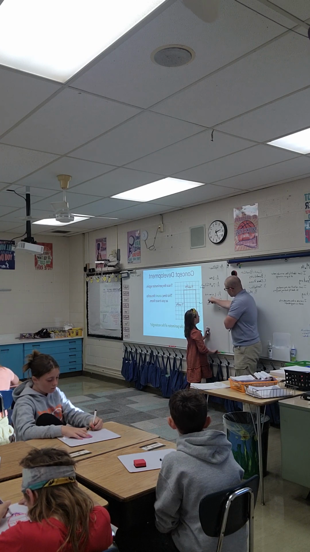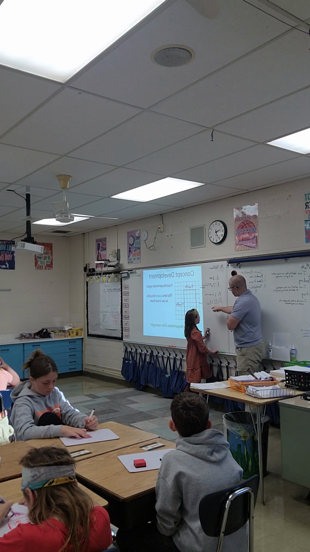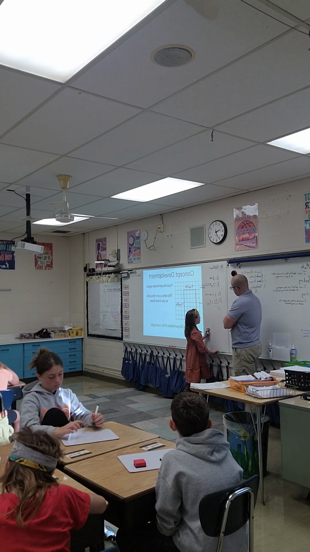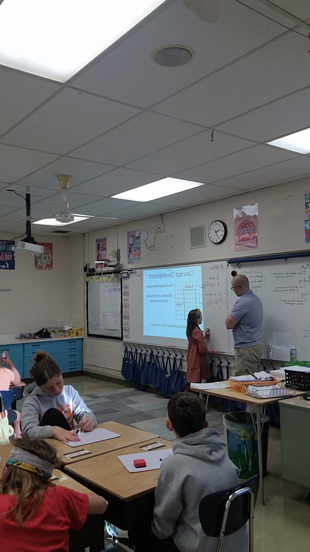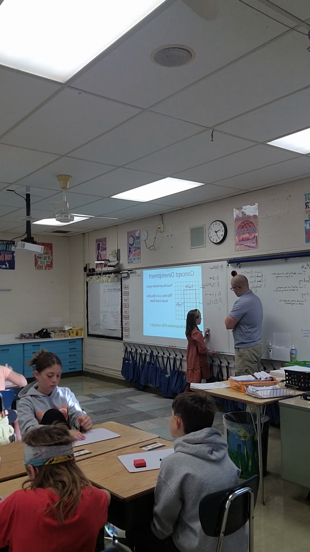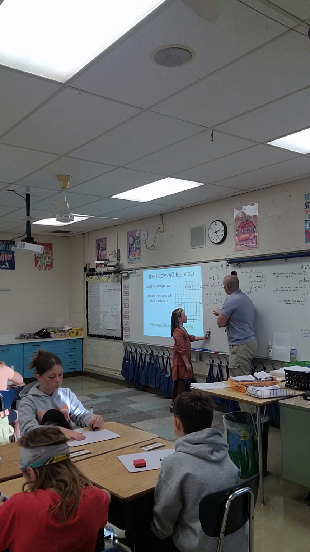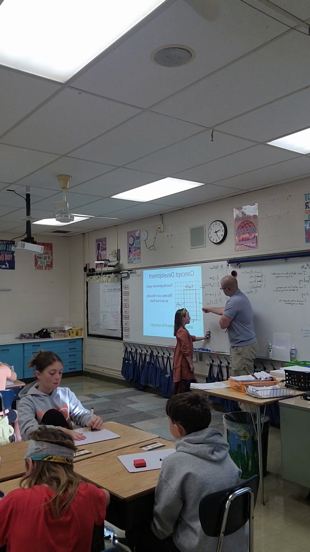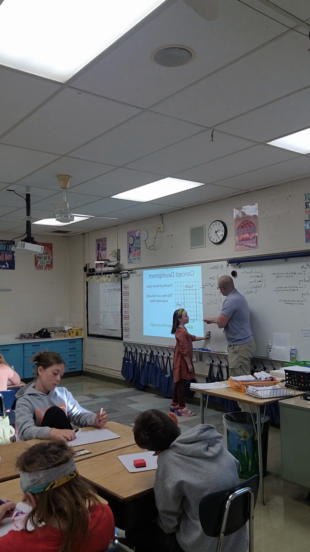We got length plus width plus length plus width. Or you can just do 2 times the length plus 2 times the width. What numbers are you going to put in, Miss Abigail? Can I point you in the right direction? What's the size of our length? What is it? 7. So go to the 7.